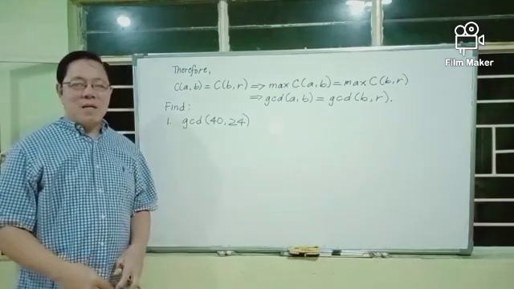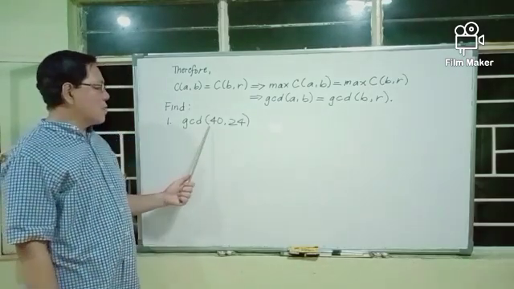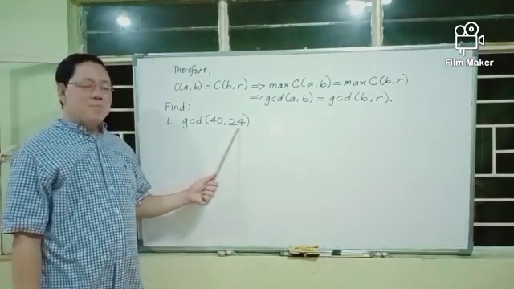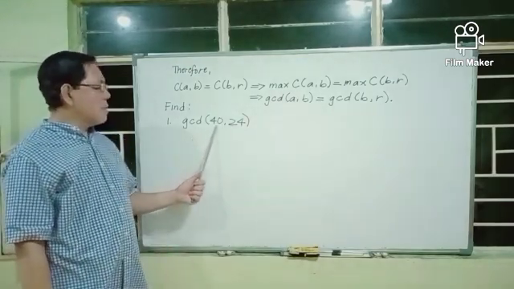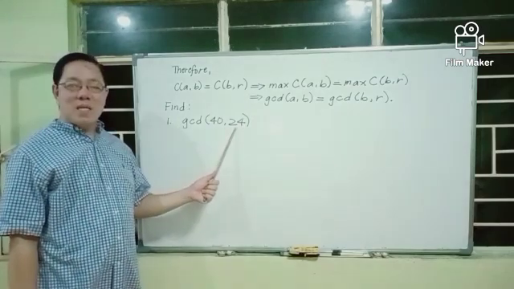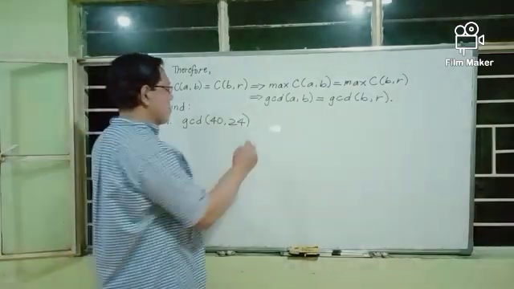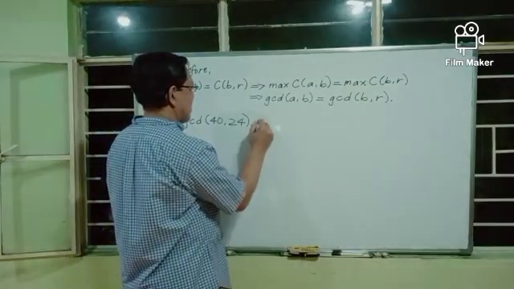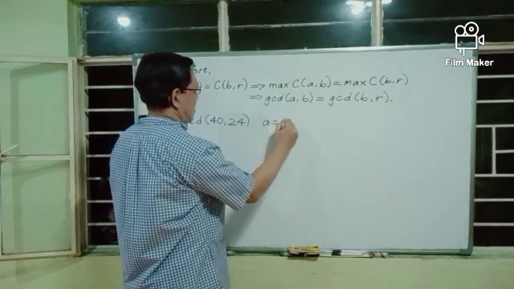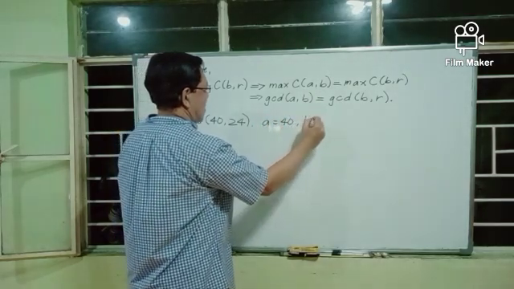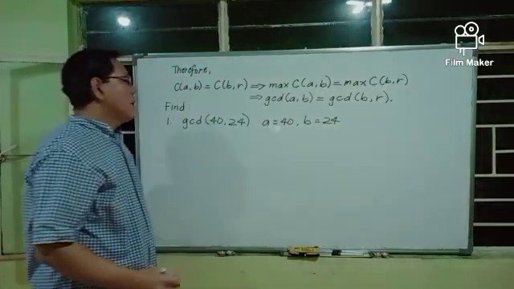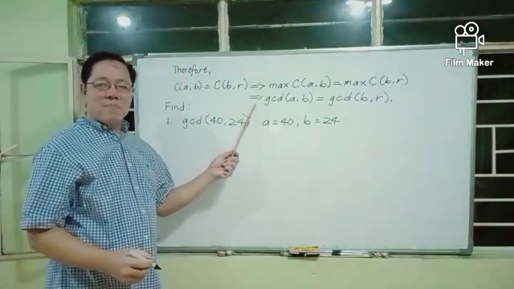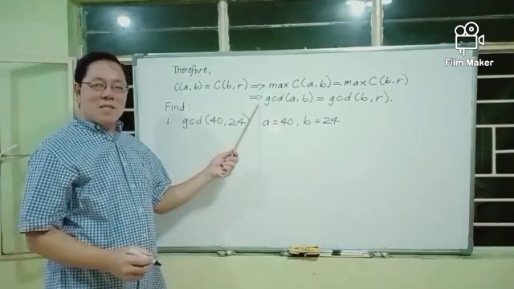Number 1, we find the greatest common divisor of the integers 40 and 24. And we apply the Euclidean algorithm in this problem. A is 40 and B is 24. And apply our findings in case 3.